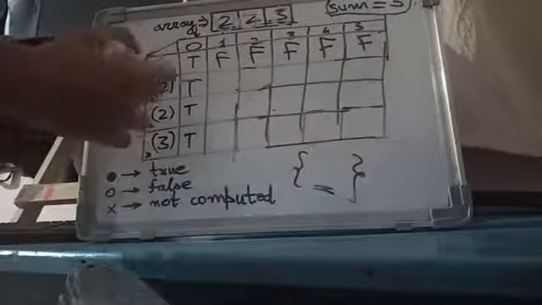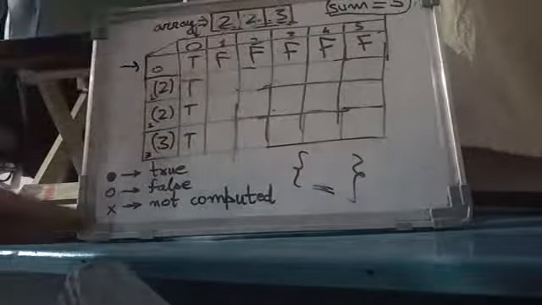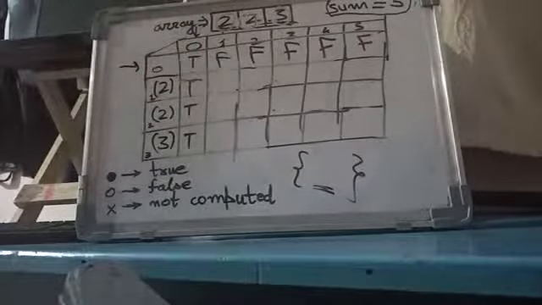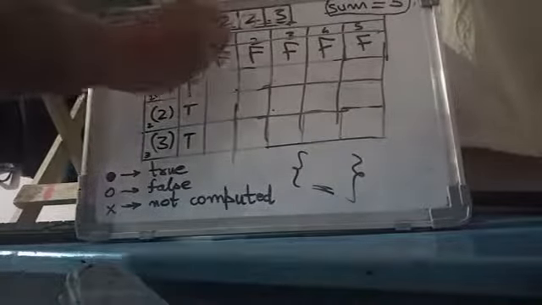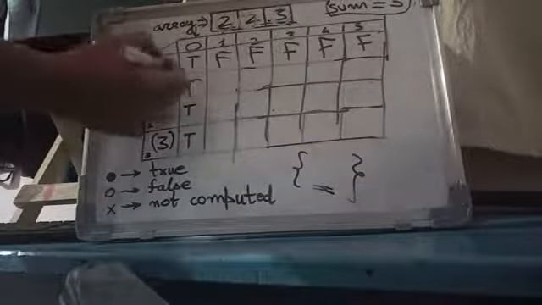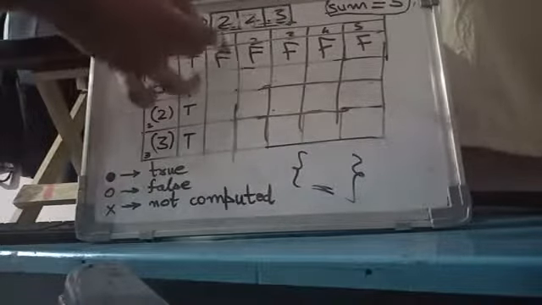So I'll check: if I don't choose this element 2, then the remaining subarray would be null. Then whether this subarray would be able to give me the sum 1 or not. So how can I find it? It's very easy. The answer is already pre-stored, because if the array is empty, so the size is 0, I have a null element, then I cannot have a sum 1, right?